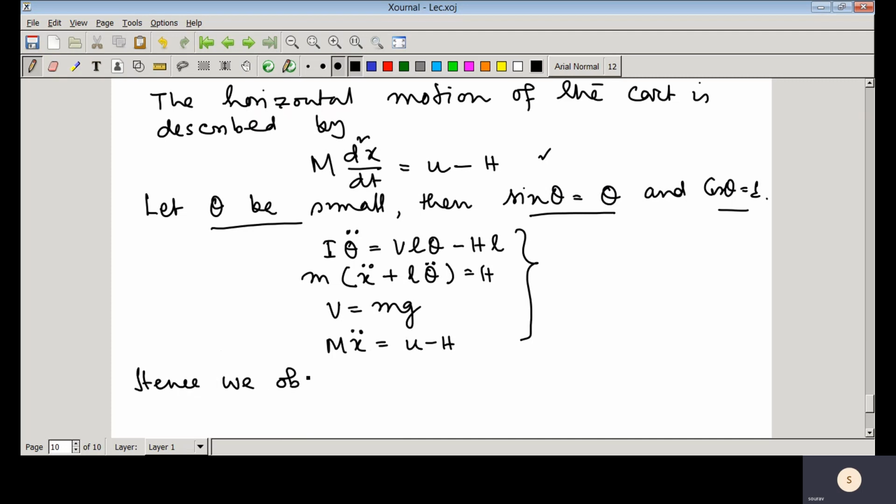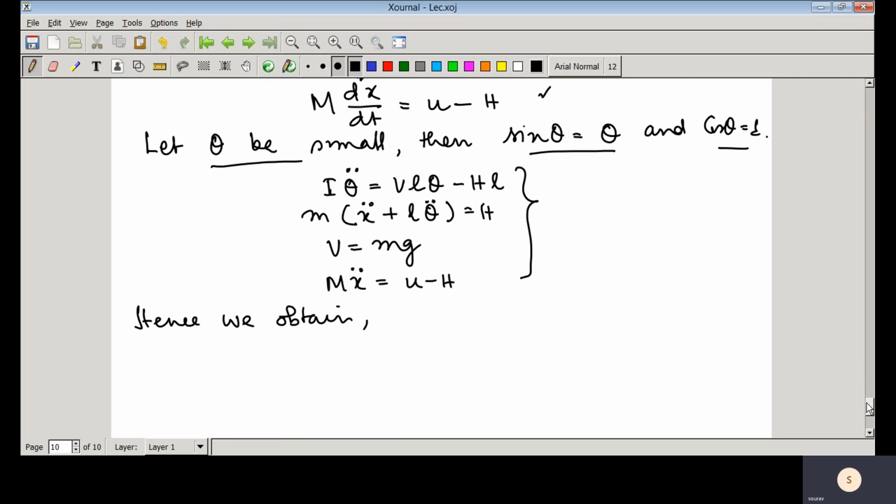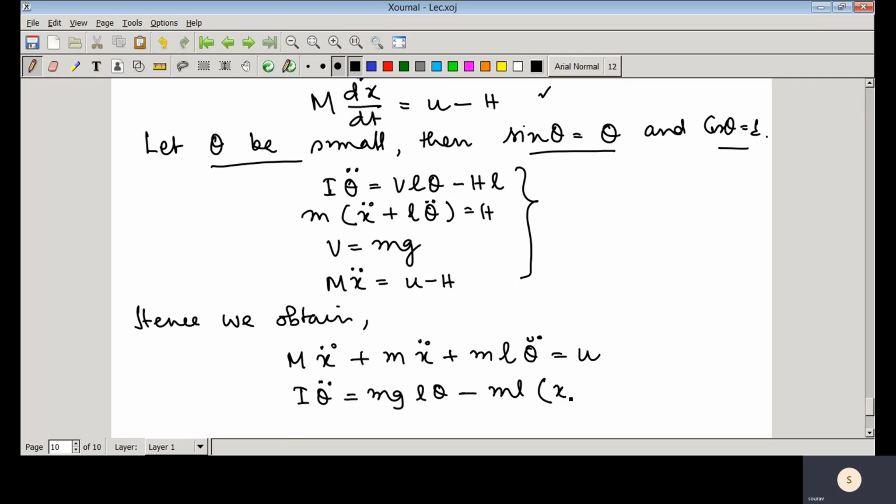Hence, from these four equations, if we replace x double dot and theta double dot, we get (M plus m) x double dot plus ml theta double dot equal to u. We have another equation: I theta double dot equals, taking that on the right hand side, ml x double dot plus l theta double dot.